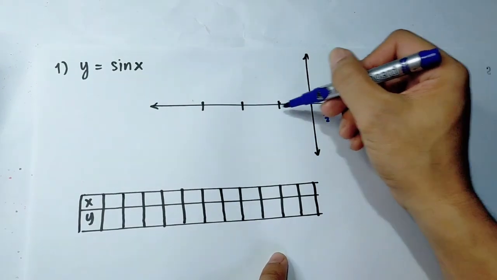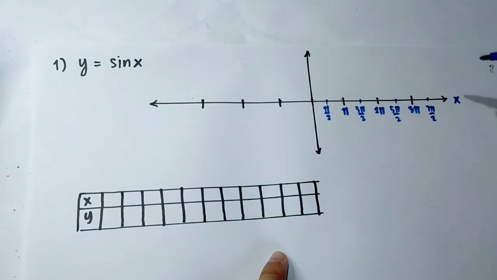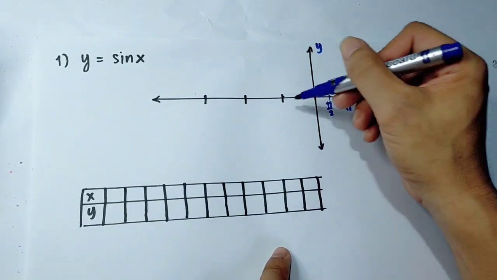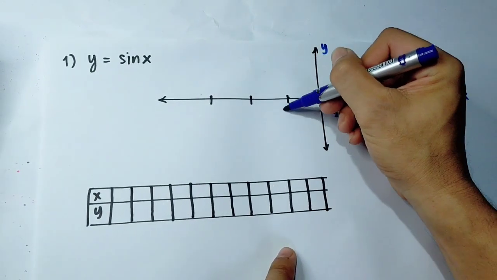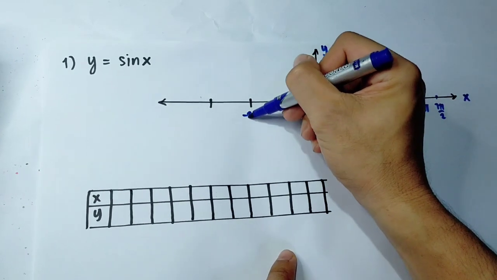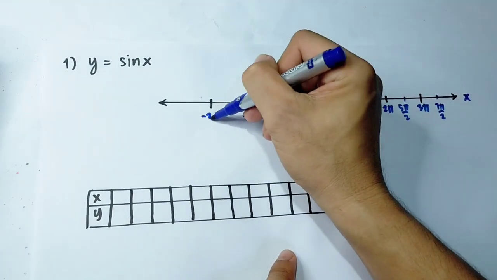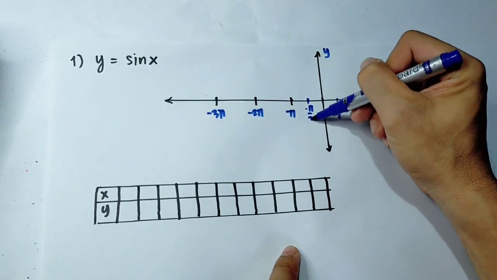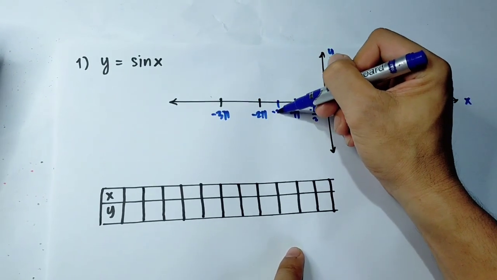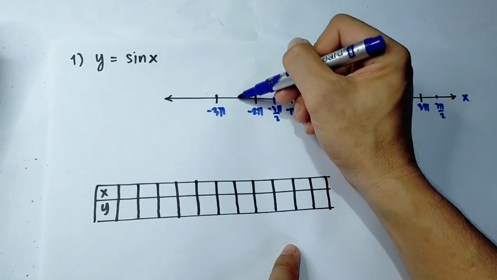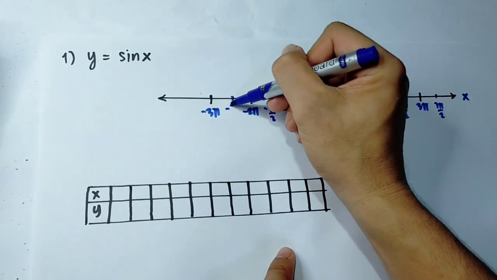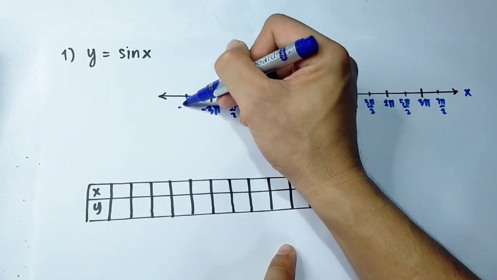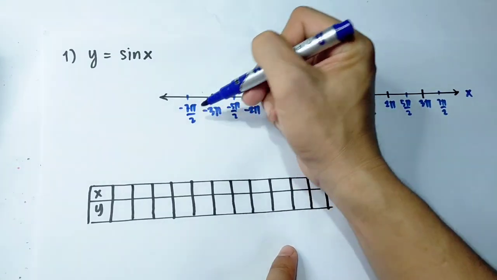Okay, and to the negative, this is our x-axis, this is our y-axis, and to our negative x-axis we do the same. This is negative pi, negative 2 pi, negative 3 pi, this one negative pi over 2, negative 3 pi over 2, negative 5 pi over 2, and then negative 7 pi over 2.